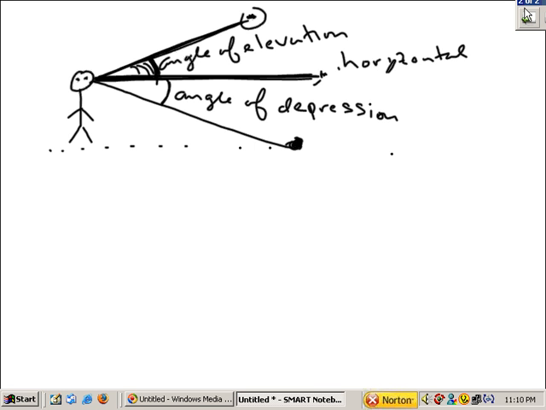If your line of sight is below the horizontal, that is, you're looking at this object right here, so here's your line of sight, we call the angle that it makes with the horizontal an angle of depression. And that's good to know when you're doing word problems and somebody uses these phrases. I couldn't do any of those problems until I understood what that meant.